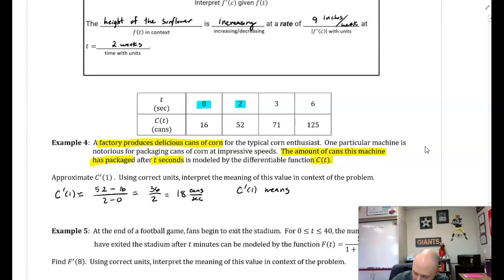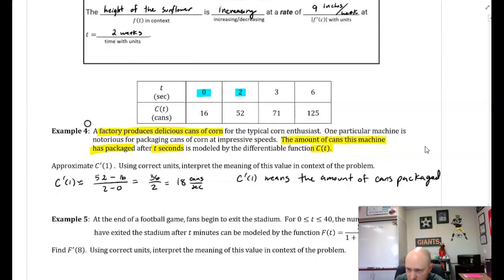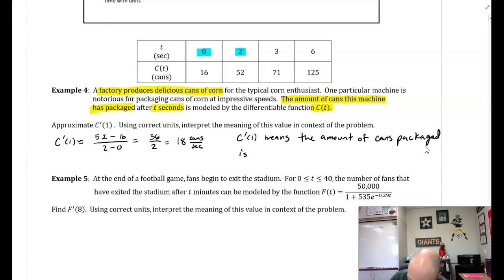Means the amount of cans packaged. And what is it doing? Is it increasing? Is it decreasing? Well, packaged is increasing. It's a positive number.